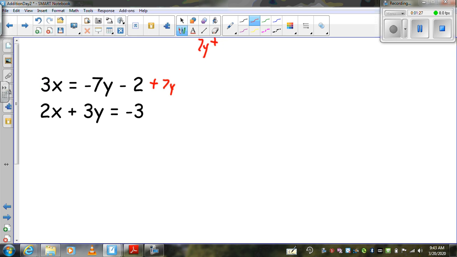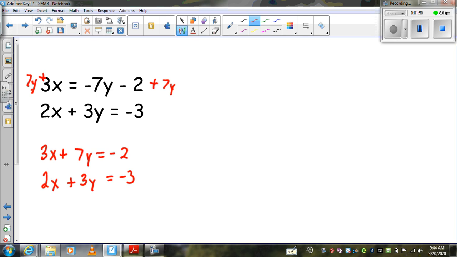Therefore, we're going to have 3x plus 7y equals negative 2. And the other equation is going to stay the same. So 2x plus 3y is equal to negative 3. So now we've taken care of the problem of having them lined up.